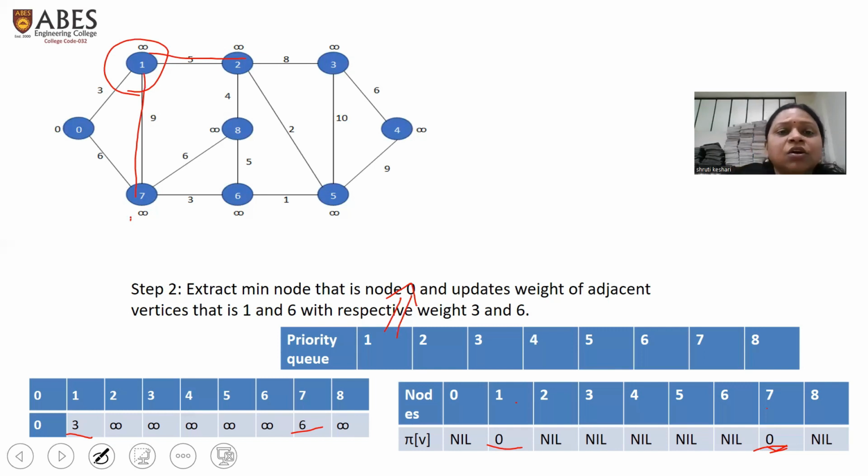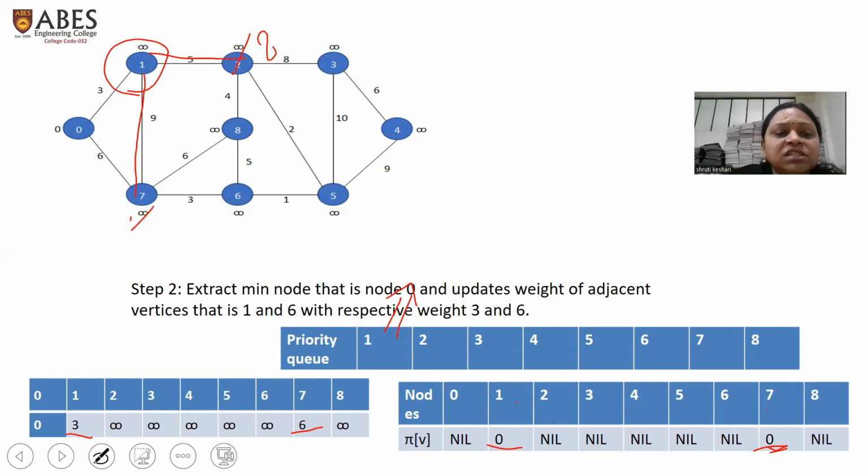Let's check it. The cost of 2 is infinity, and when you go from 1 to 2, the cost is 3 plus 5, that is 8. Obviously 8 is less than infinity. It will get updated as 8.